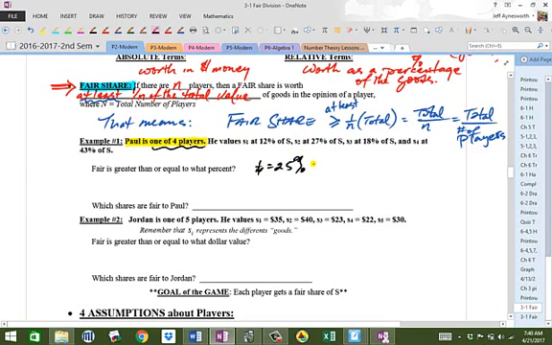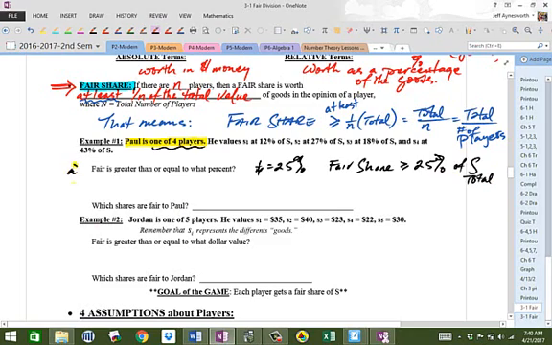So a fair share in this case is considered to be greater than or equal to, again, at least 1/nth, 1/4, or 25% of S, which is the total amount of goods. So remember that.